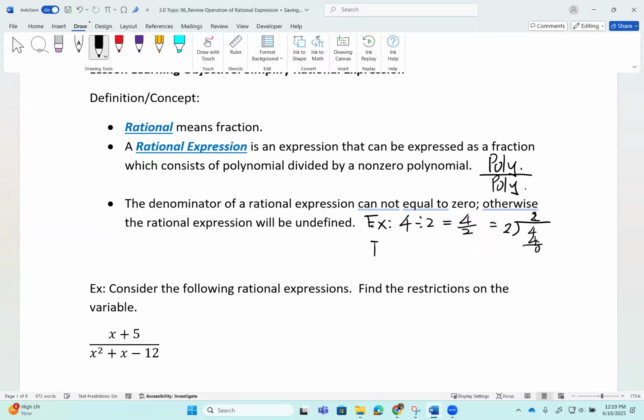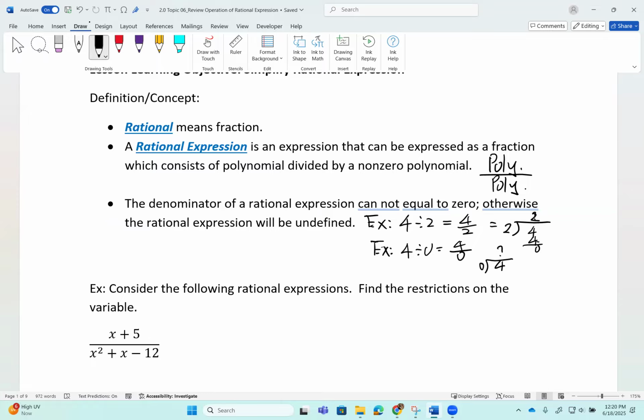So if I gave you the same thing except changing my divisor into a 0, which is 4 over 0, when I write it as a long division, the 0 divisor goes on the outside, the dividend goes inside. So I'm asking the same question. 0 times what number will equal 4? Well, 0 times anything is 0, not equal to 4.